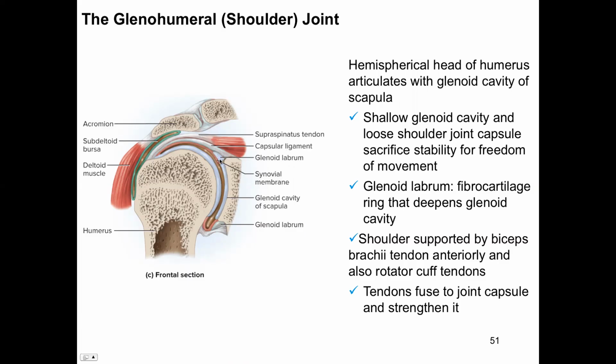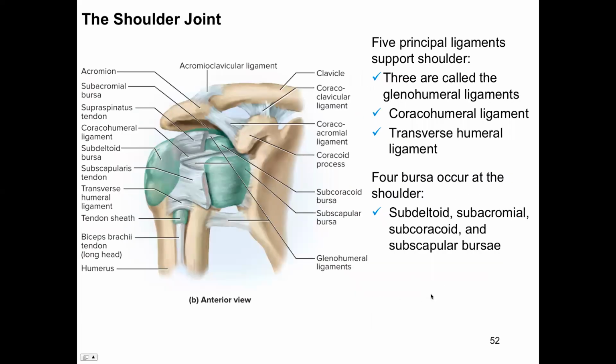Remember, these cartilages are there to improve the shape of the surface. Notice that your tendons really help in the functionality of this, and there are capsules to strengthen it, like the tendon capsule I was showing you before.